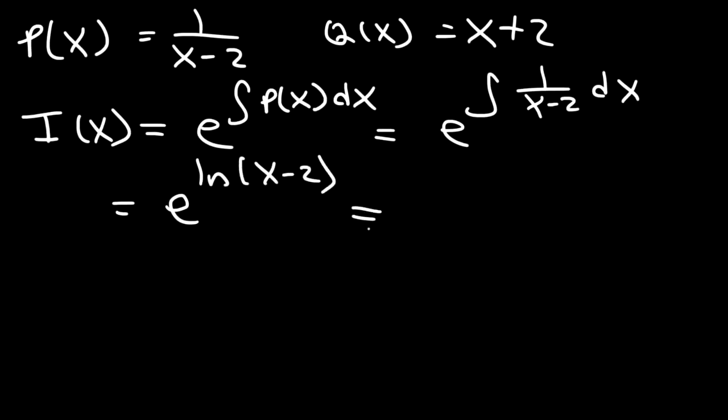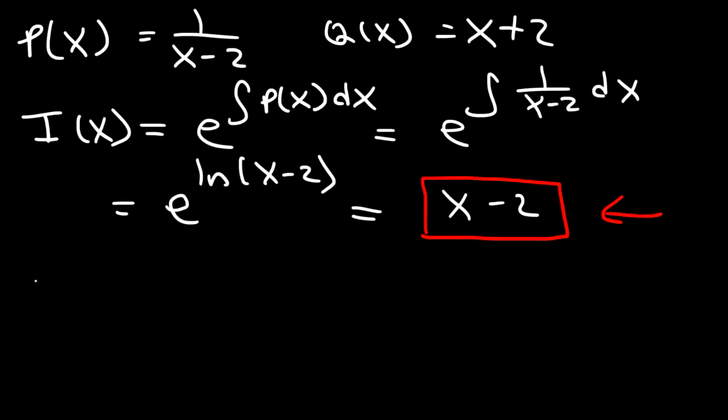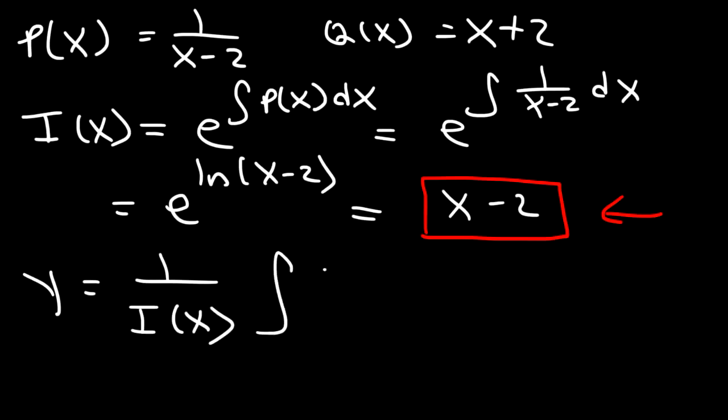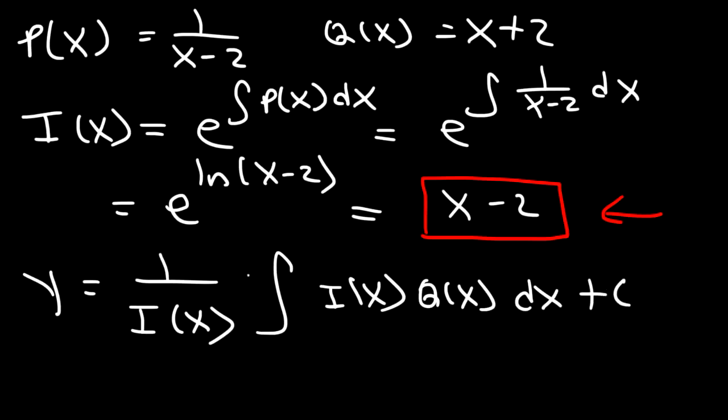So e raised to the ln x minus 2 is simply x minus 2. So this is the integrating factor. So now we can move on to our final equation. So y is 1 over the integrating factor times the integral of I of x q of x dx plus c.